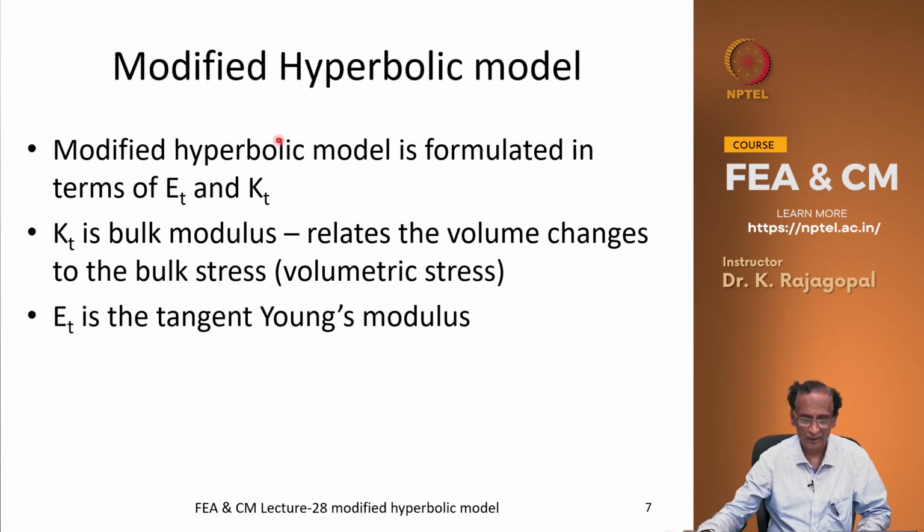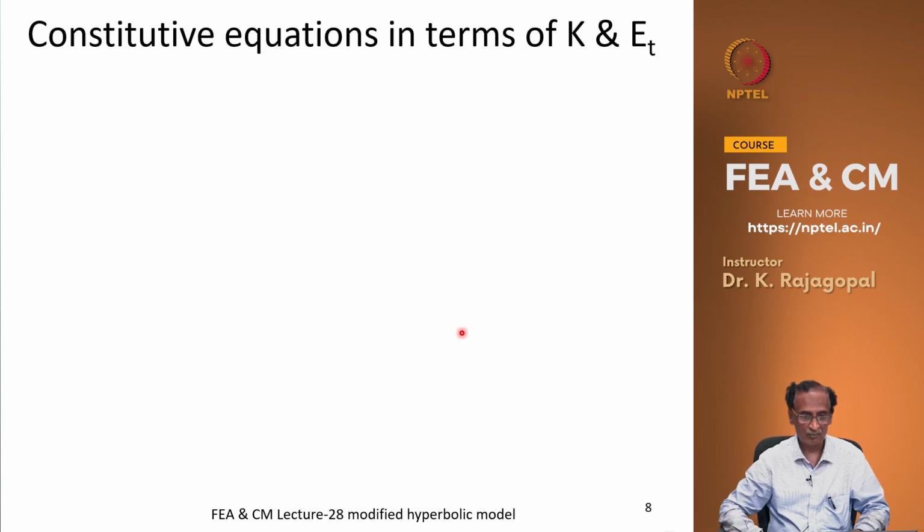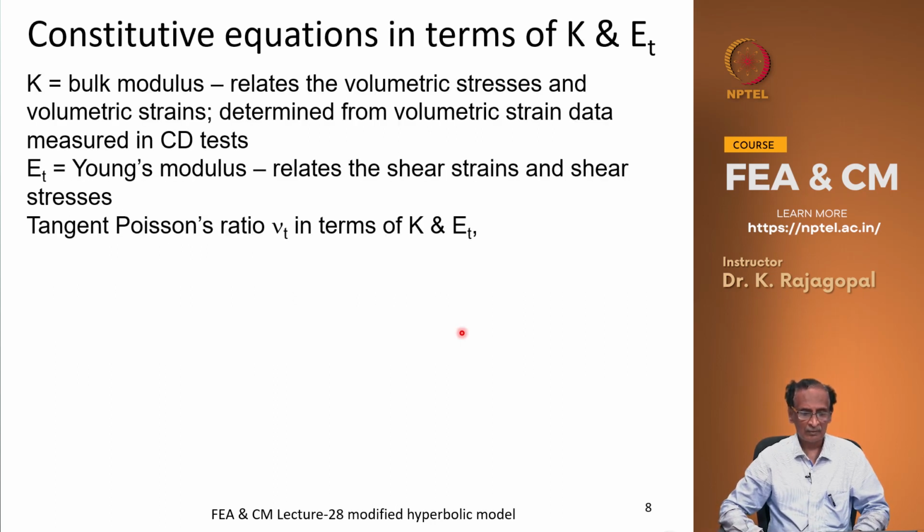This particular modified hyperbolic model is written in terms of tangent Young's modulus Et and then tangent bulk modulus Kt, and Kt is the bulk modulus that relates the volume changes to the bulk stress, and Et is the tangent Young's modulus. And K is the bulk modulus, it relates the volumetric stresses and volumetric strains, and this particular parameter we can determine from the volume strain data from CD tests.